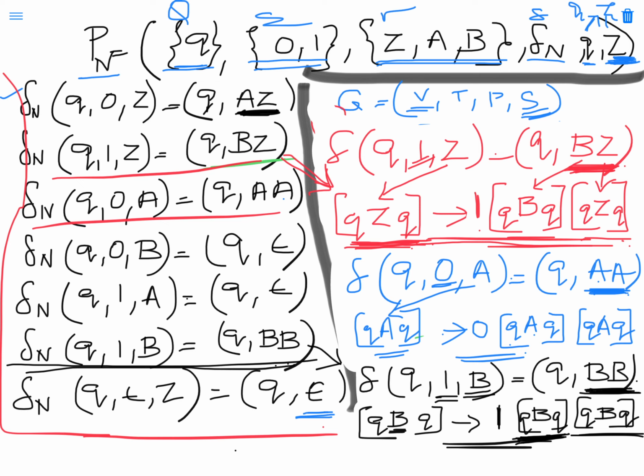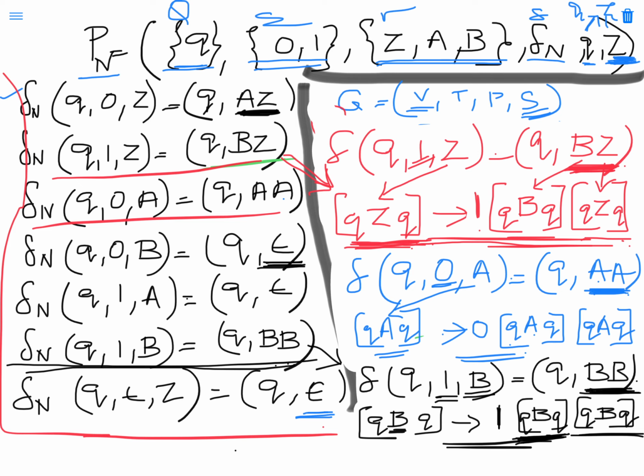Now one more thing you need to see is, if there are no stack symbols, which means epsilon is there, the meaning conveyed is that we are popping the element from the stack, which means there are no stack symbols for that function.